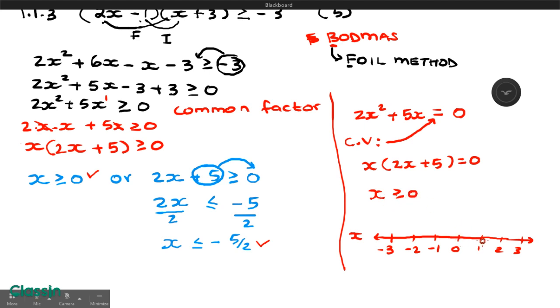You can put 1, you can put 2, you can put 3. Sorry, let me not use this statement, it is wrong. If you put 0, it means 0 is now equal to 0. But if you put 1, you can't say 1 is greater or equal, but 1 is greater than 0. 2 is also greater than 0. 3 is also greater than 0. It means that from 0 going to these numbers up till infinity, you will always find a number greater than 0.